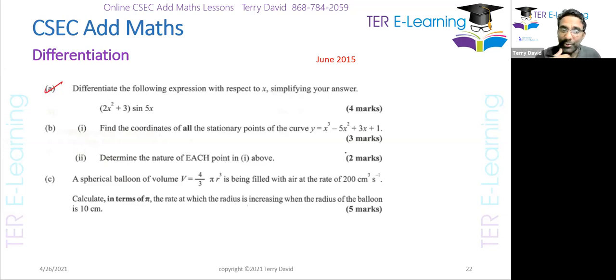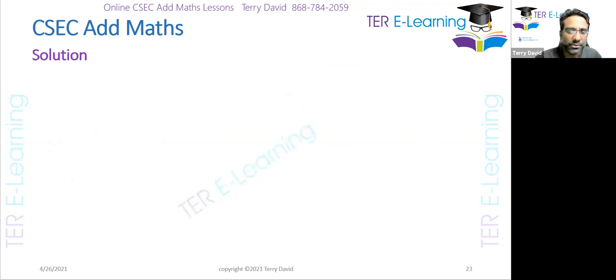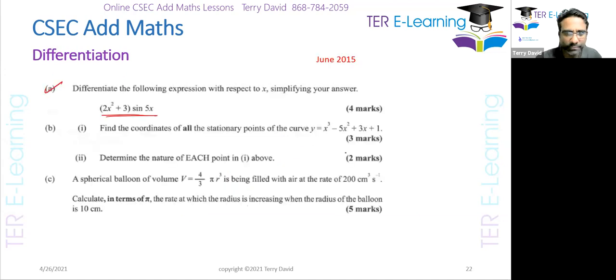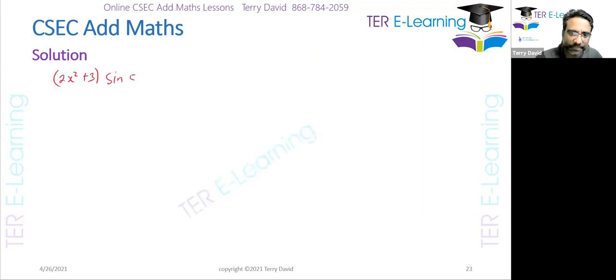All right. So we want to differentiate this expression here. It's 2x squared plus 3 in brackets multiplied by sine 5x.